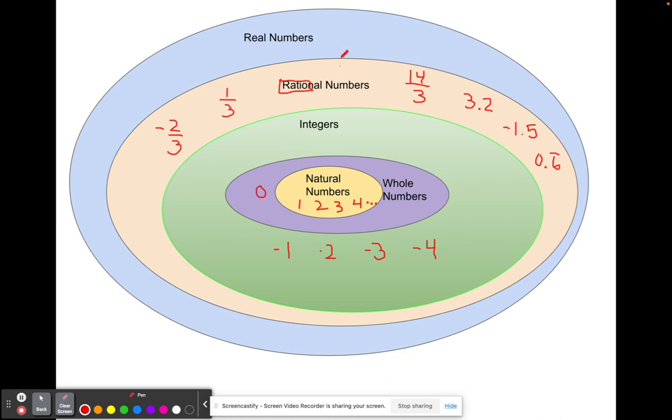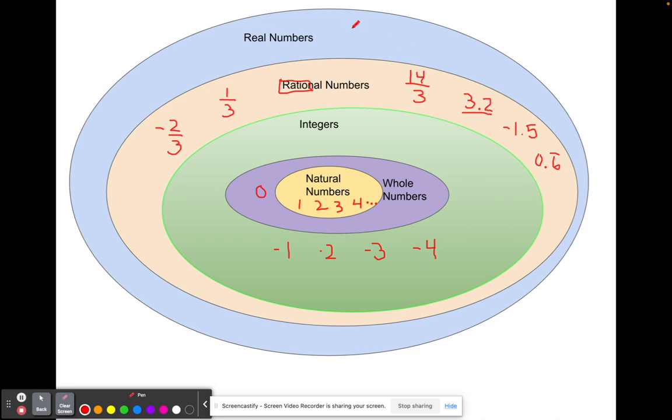Irrational numbers are the numbers that don't repeat and don't terminate. Like this one would terminate. 3.2, that terminates, it ends. 0.66666, that repeats. I cannot write our irrational numbers as numbers that have a numerator and denominator that are whole numbers.